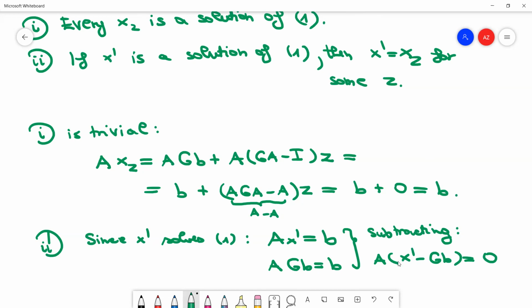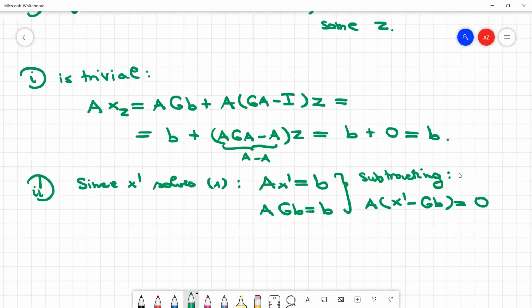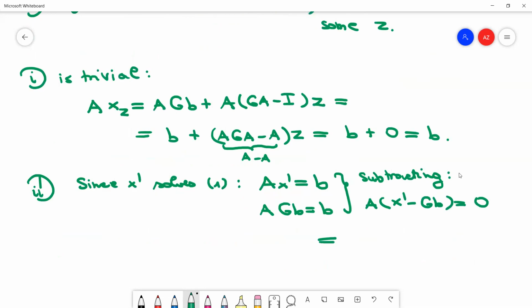So what we can infer from this equation is that X prime minus GB is in the kernel of A.